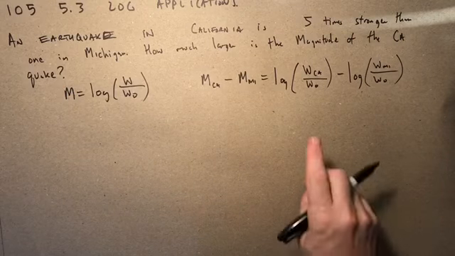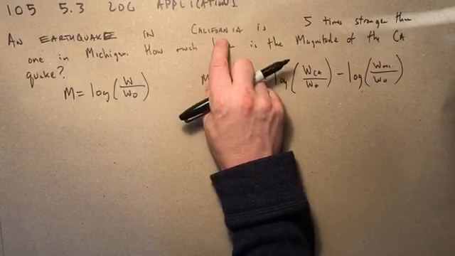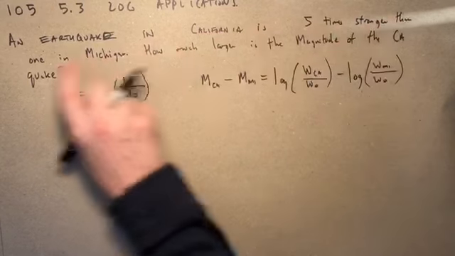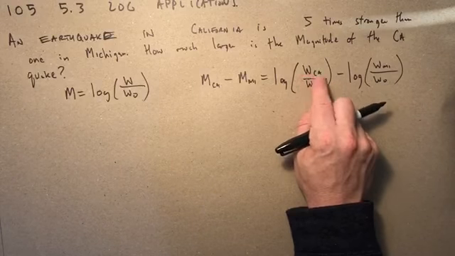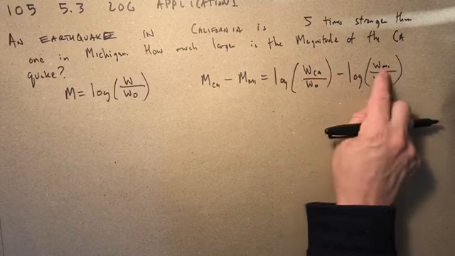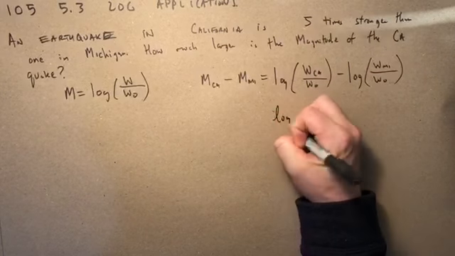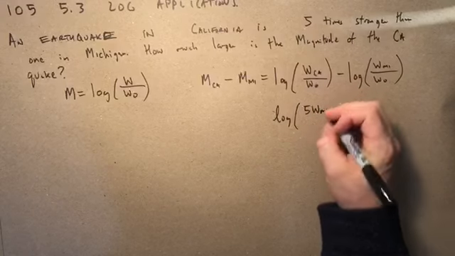Now, we have a relationship here written into the problem that California is 5 times stronger than the one in Michigan. And so what I can do is replace W of CA, the strength of that, with 5 times the strength of that Michigan earthquake.